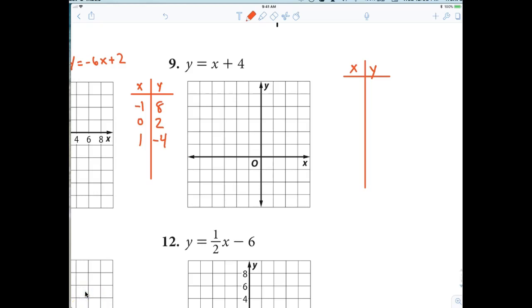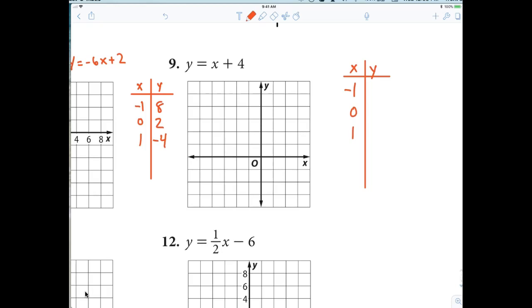Julian, tell me what numbers did we plug in for x again? Negative 1, 0, 1, and now the y values. What is it? Negative 6.